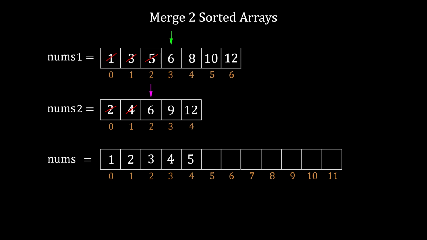Now, 6 equals 6. So nums of 5 equals 6. But the question is, which one of them should we choose? It doesn't really matter. It is the same outcome.